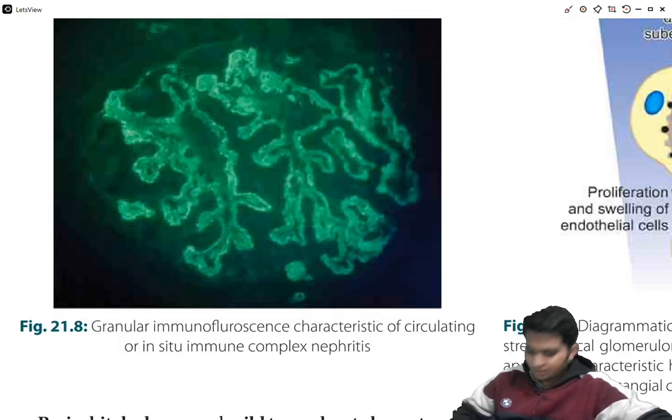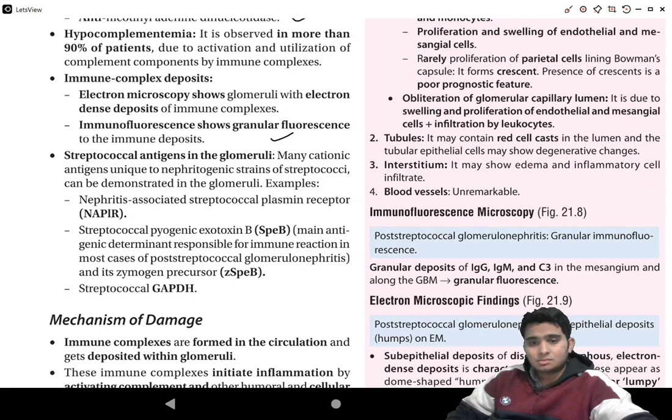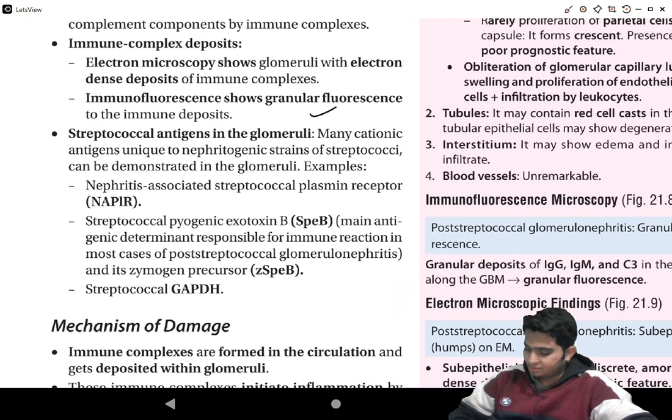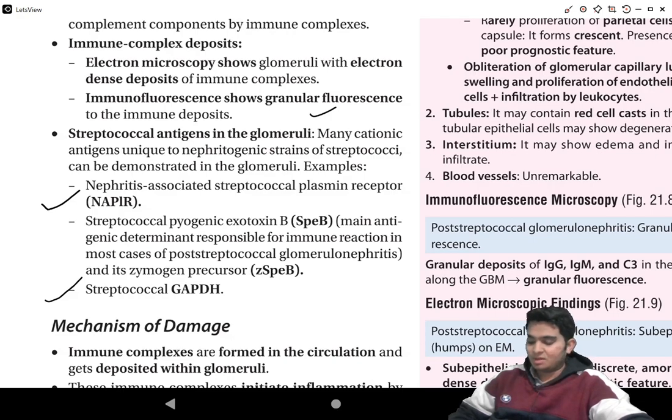Here in this image, you can see the granular immunofluorescence. Some of the streptococcal antigens are also seen in the glomeruli, such as NAPlr, nephritis associated streptococcal plasmid receptor, then streptococcal GAPDH, and streptococcal pyogenic exotoxin B. We have discussed that already.